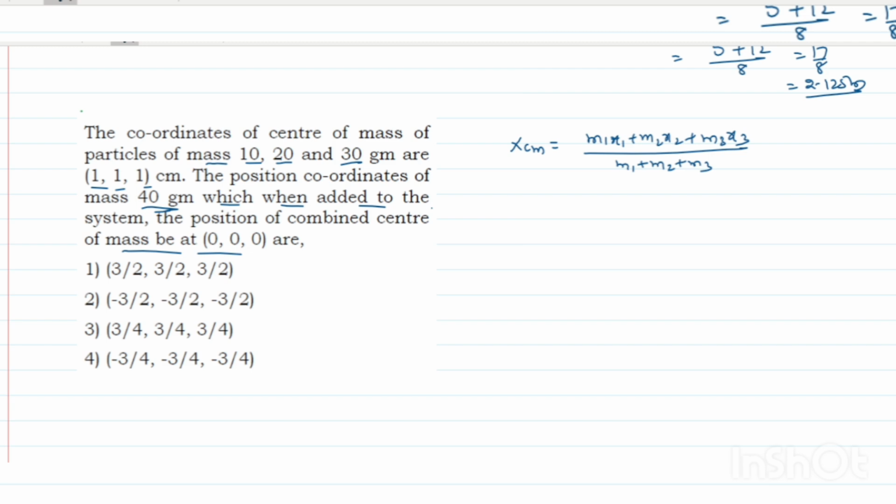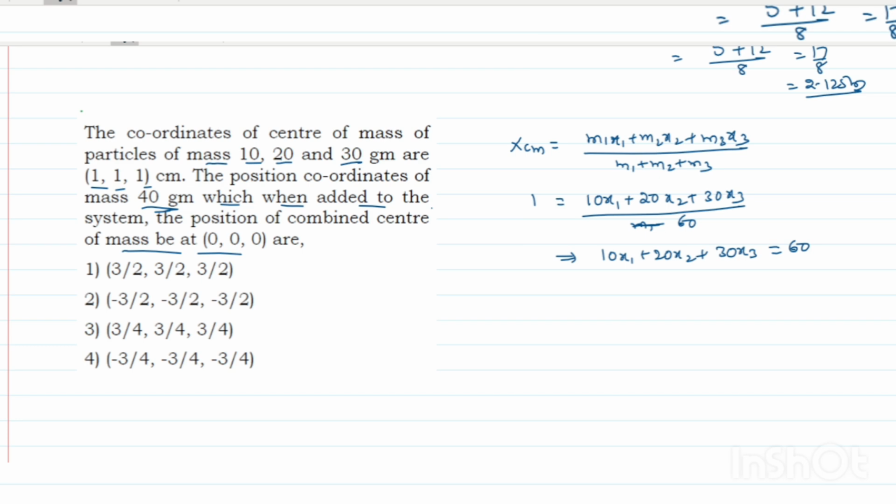Already the coordinate of the center of mass along the x-axis is given as 1 centimeter, which will be equal to 10 into x1 plus second mass 20 into x2 plus 30 into x3, by m1 plus m2 plus m3, 10 plus 20 plus 30, together 60. So that means 10x1 plus 20x2 plus 30x3 will be 60 centimeter, 60.